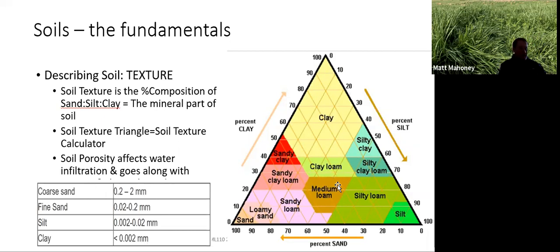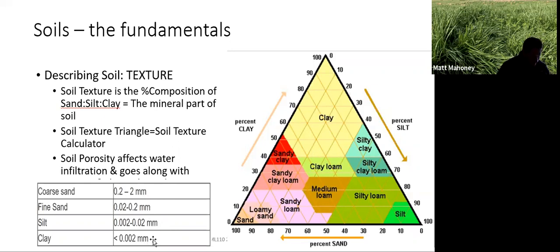If they're really small, tight pores, it's going to be harder for the water to come in and out, as opposed to sand, because they're big particles with big gaps between them, so the water can come in and out relatively quickly. The difference in sizes: sand is 0.2 to 2 millimetres, fine sand 0.02 to 0.2, silt is down to 0.02 millimetres, and clay is 0.002 millimetres.